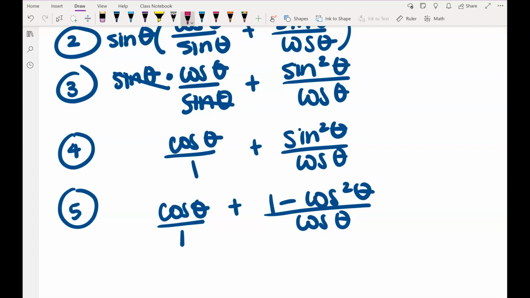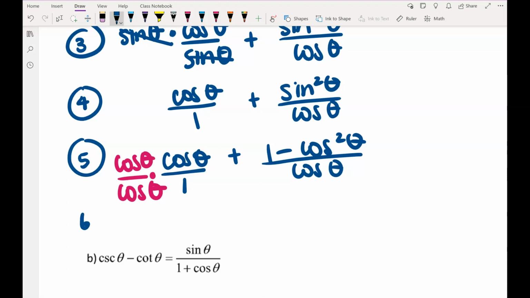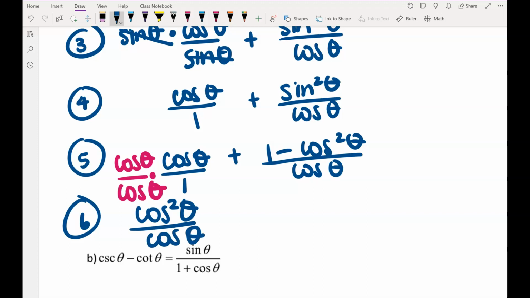Yeah, common denominator would be what, guys? Cosine. So we would multiply this by cosine and this by cosine. Okay. So now I have cosine square over cosine plus, okay, here's where we're at. So close. Now what?